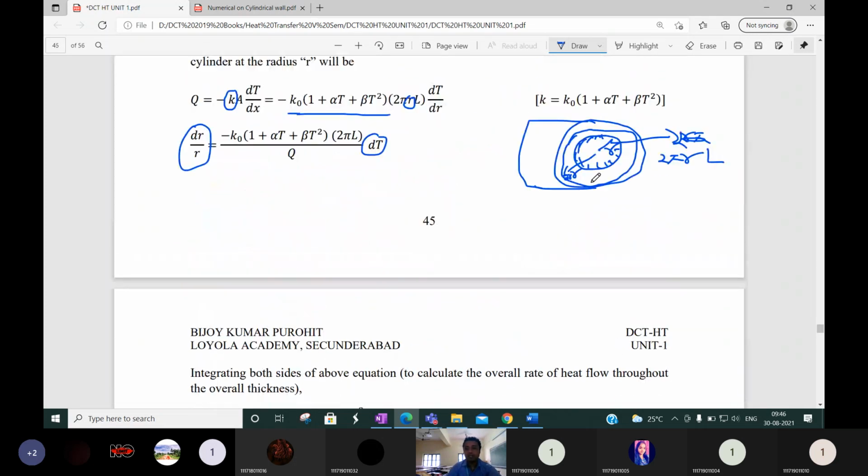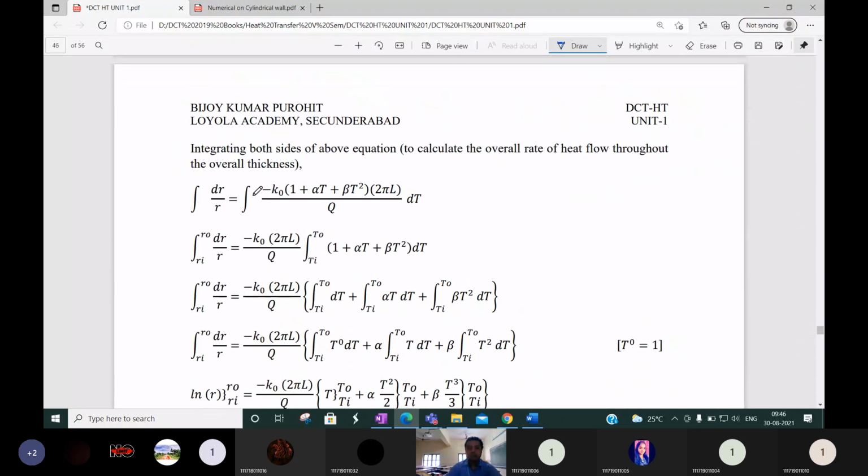Then for the overall thickness, from the inside radius to the outside radius, what will be the heat transfer? We have to integrate from Ri to Ro, where the inside radius is Ri, the inside temperature is Ti, and the outside temperature is To. These are the constant terms.